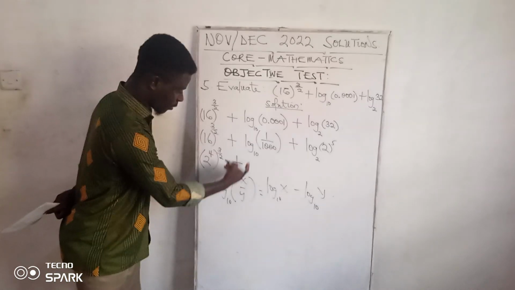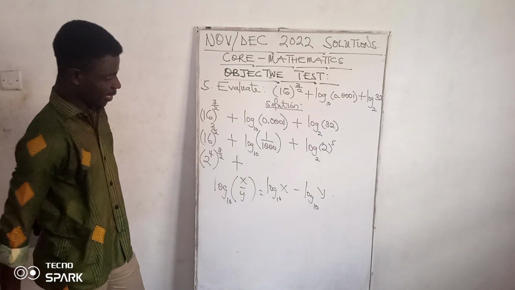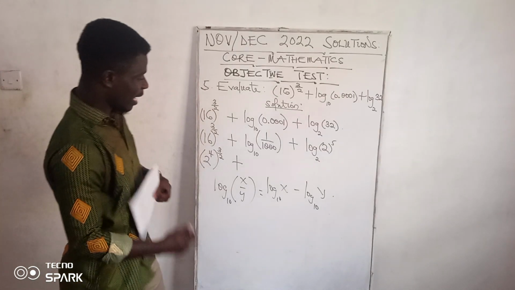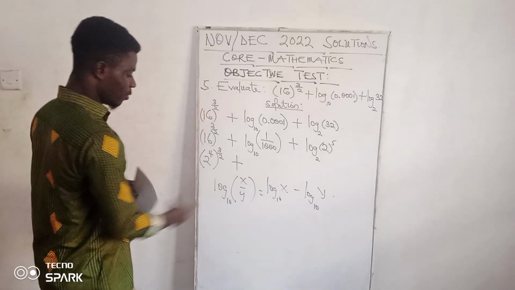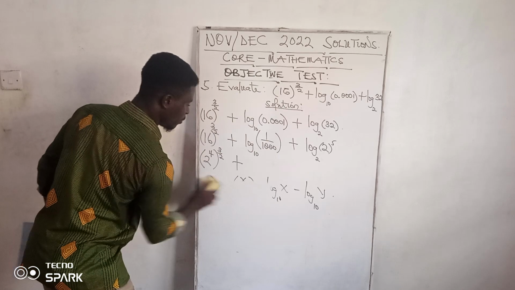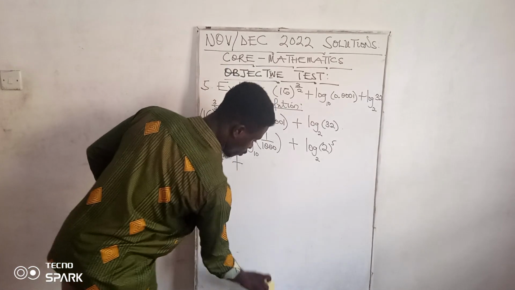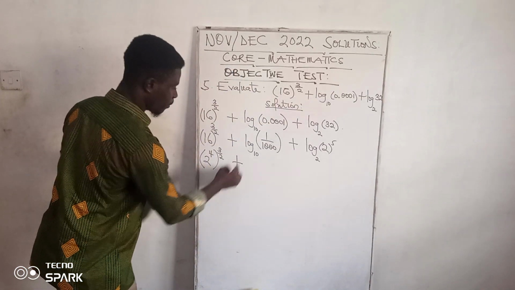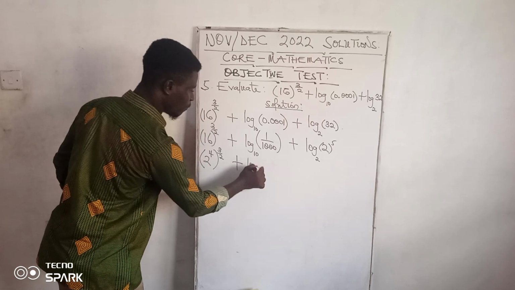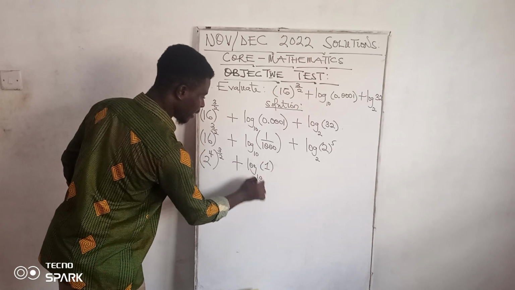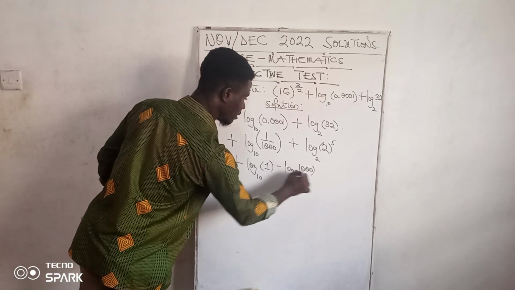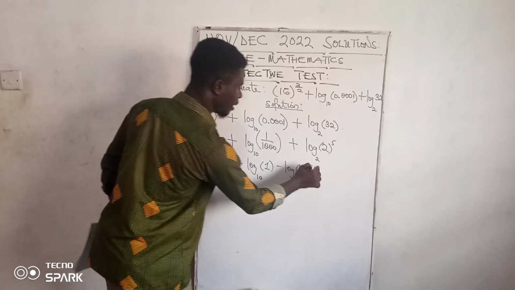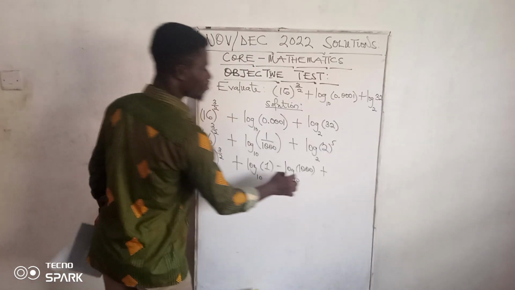The same idea we are using there. So we get log of 1 base 10 minus log of 1000 base 10. Then I have plus.